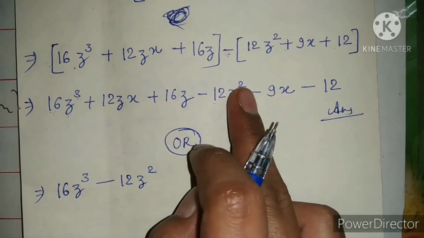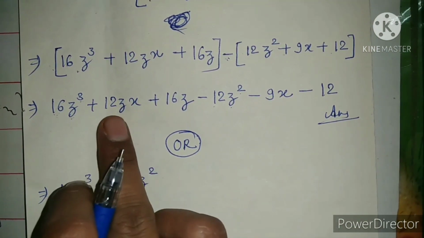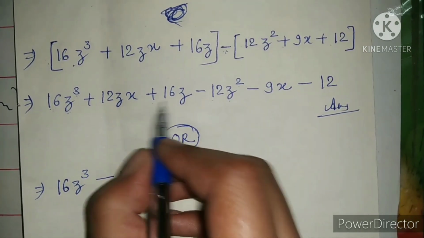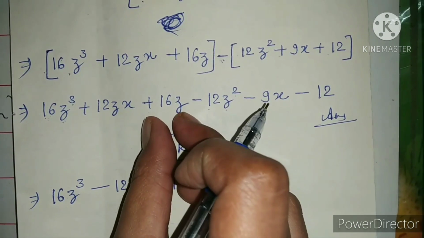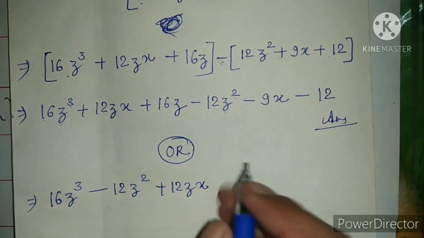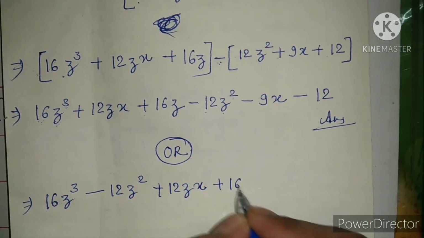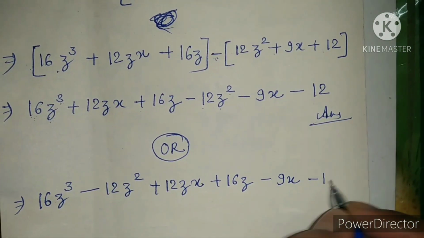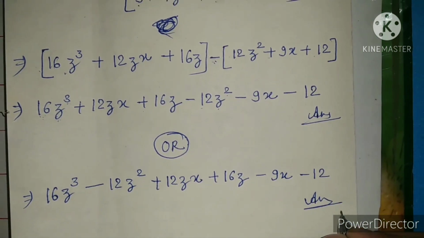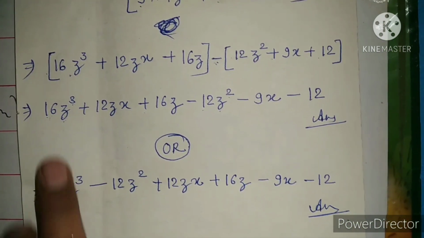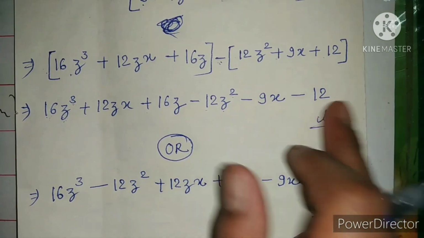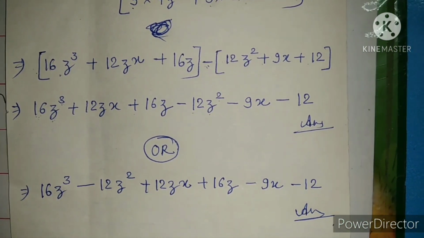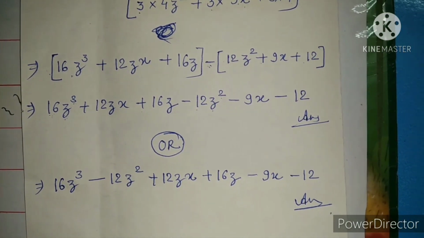Now 2 terms are here, zx, so plus 12zx. Now we can put whatever, 16z or minus 9x, we can put anything. So plus 16z minus 9x. Now lastly we have to put 12. So this will be our answer. One more time you can count: 1 2 3 4 5 6 terms are here. So we can say our answer is absolutely correct.